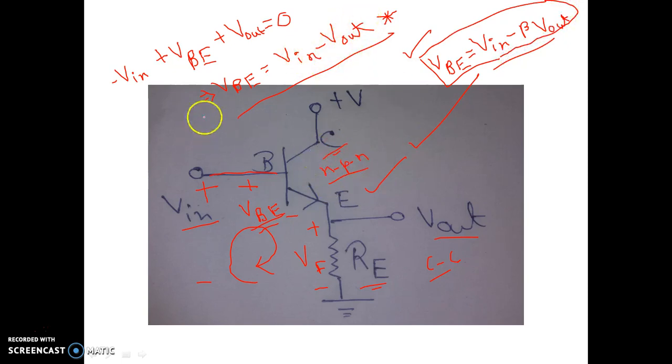This is the expression we are getting from the general feedback amplifier block, and this is the expression for this particular case. Now see, here we are getting VBE equal to V input minus V output. V output is V feedback basically, and from the general amplifier block we get VBE equal to V input minus beta into V output. So by comparing these two equations, we can clearly say that beta is equal to 1.